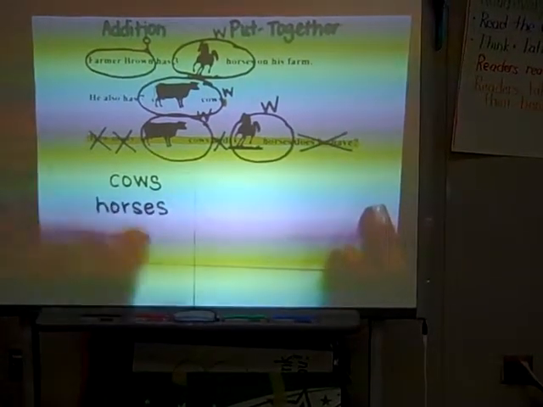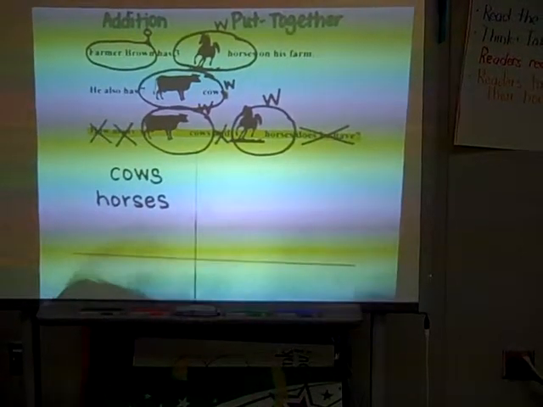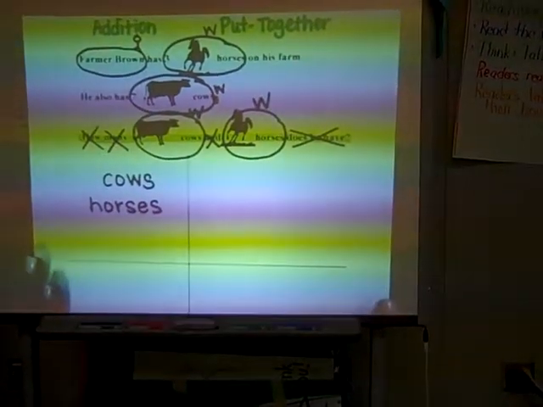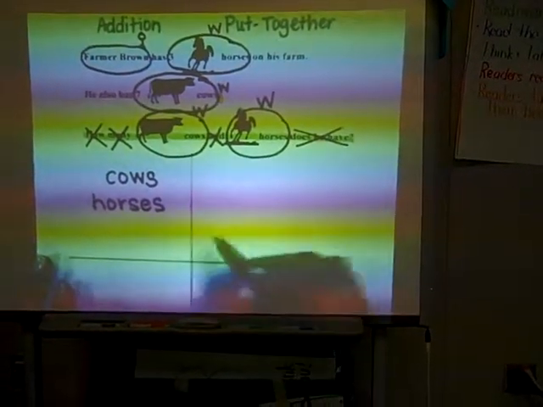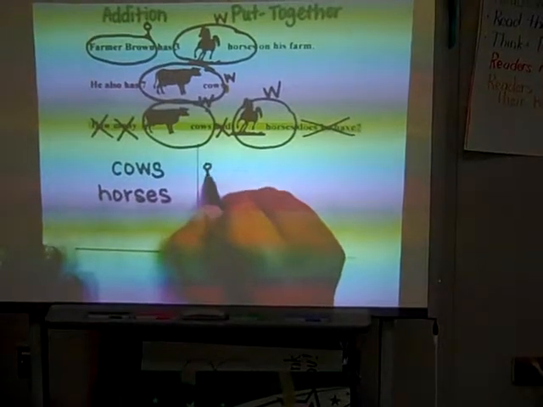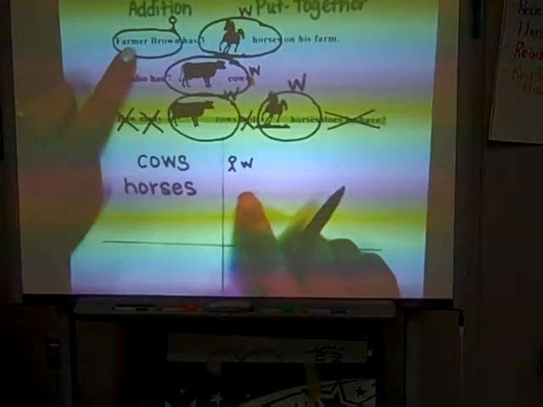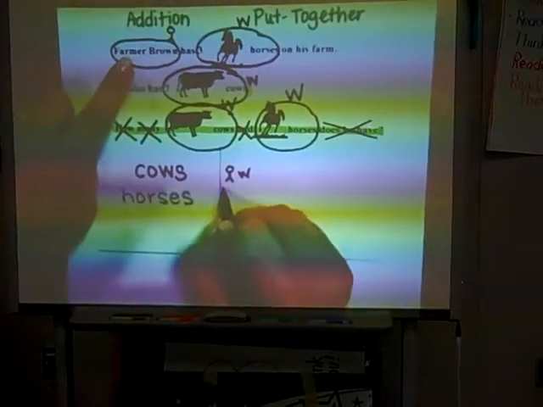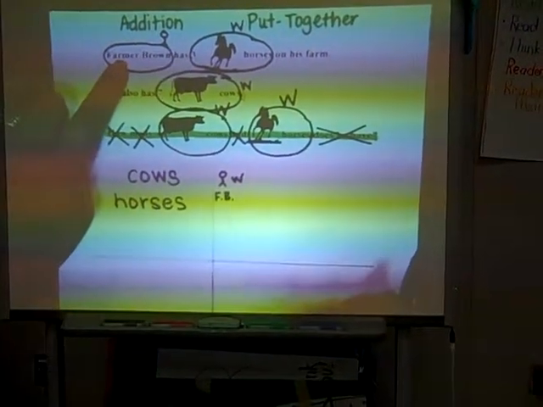And I'm going to start my model drawing. In this box is a model drawing, and it's the picture that the students will draw when they're solving their question. So first I'll draw my who and my what. Who are we talking about? We're talking about Farmer Brown. I always just put the first letters in his name, Farmer Brown.